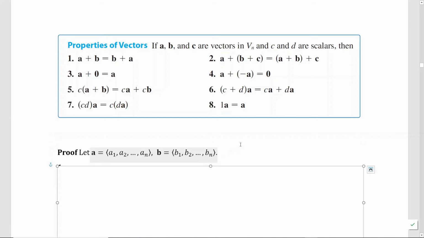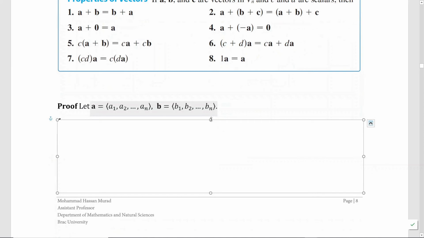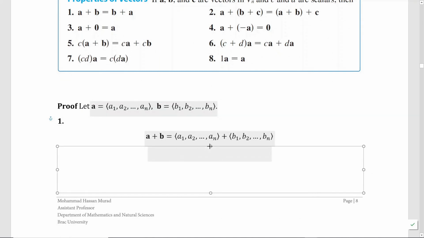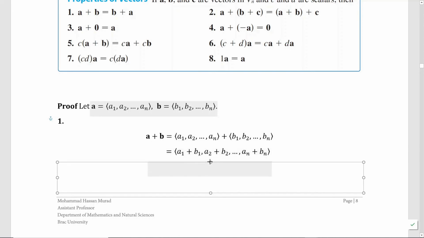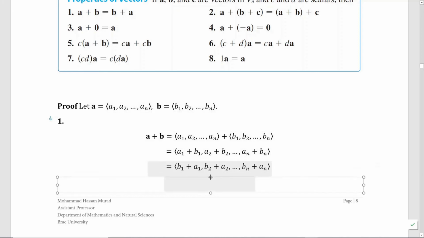Let's take two vectors A and B with components as shown. Then by definition, A plus B is this vector with components as the sum of the components of the given vectors. Since a sub 1 and b sub 1 are scalars, we can write the sum a1 plus b1 as b1 plus a1.